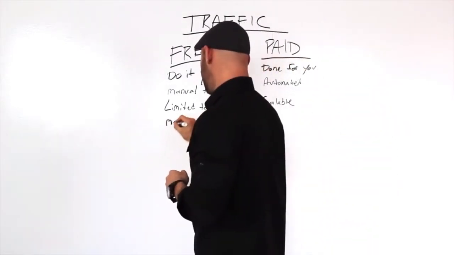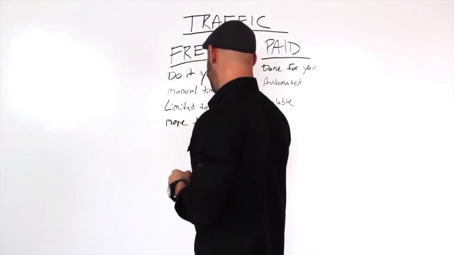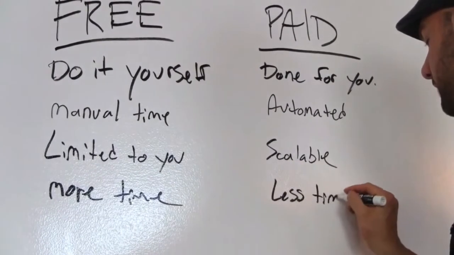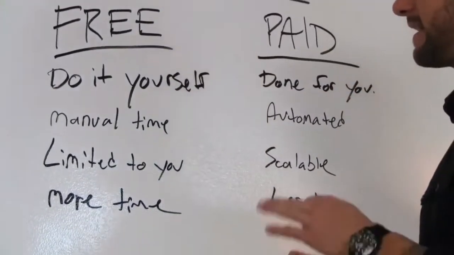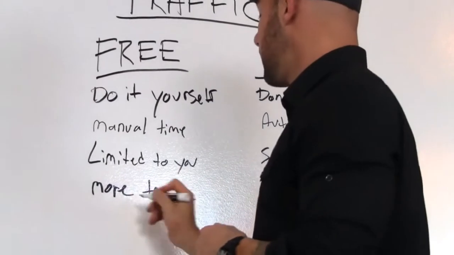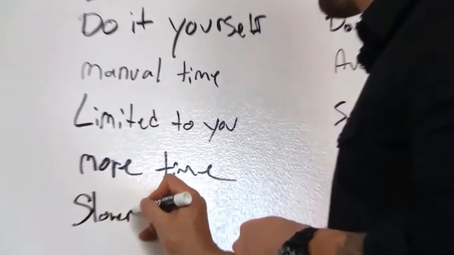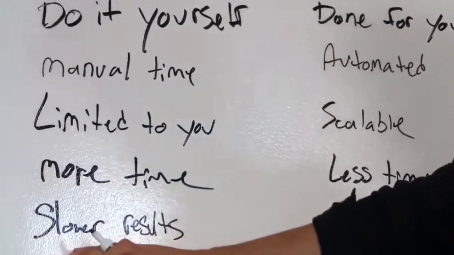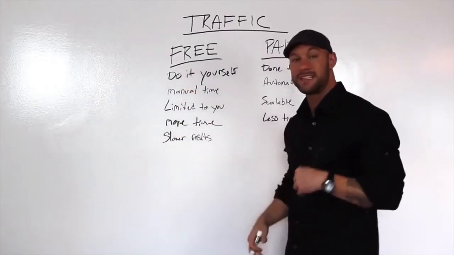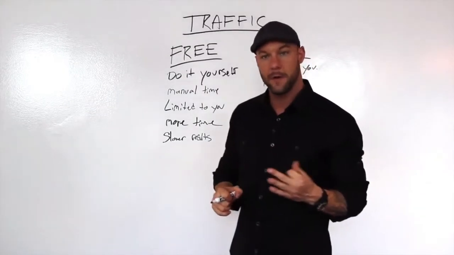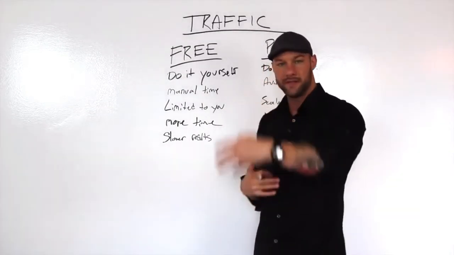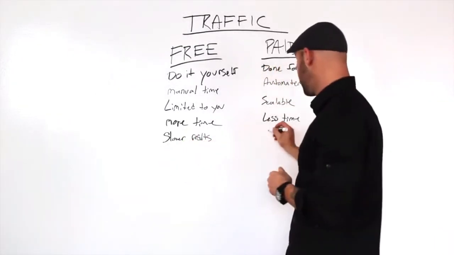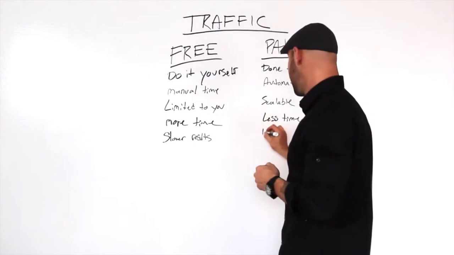Next would be obviously more time commitment, which is over here less time. Doing it this way, paid advertising takes you very little time. Slower results. Why do you have slower results with free? Usually because it's free. There's less that you can do, and it takes more time to accumulate that traffic. So over time it can be great, but at the beginning it might be slower, whereas paid advertising is instantaneous and it can be faster.